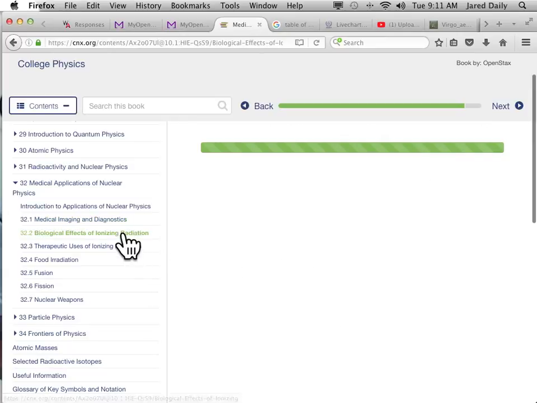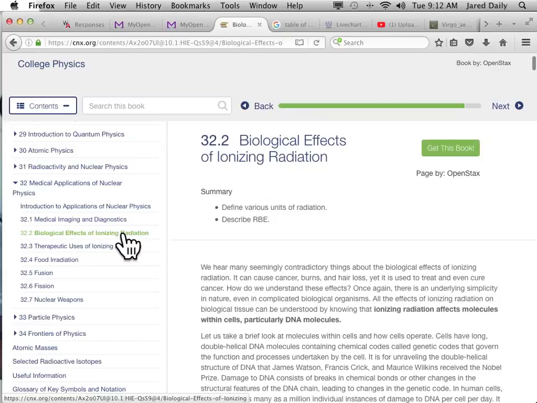Now, there is damage done when there's radiation on the body, but it's different damage. The activity of the radiation matters, the intensity, which is how much radiation there is per second, but also the energy of the radiation. So not all radiation is created equal. Not all gamma rays are created equal.